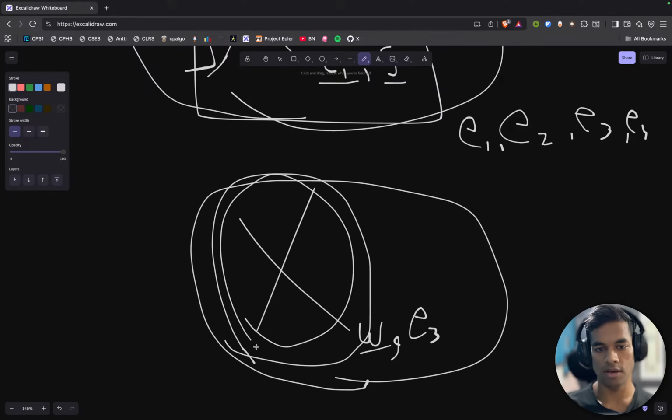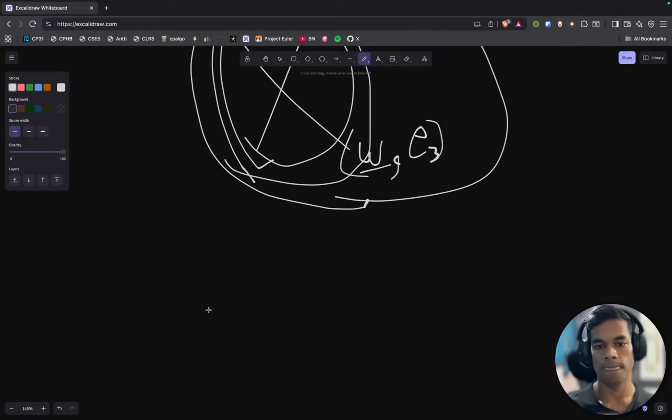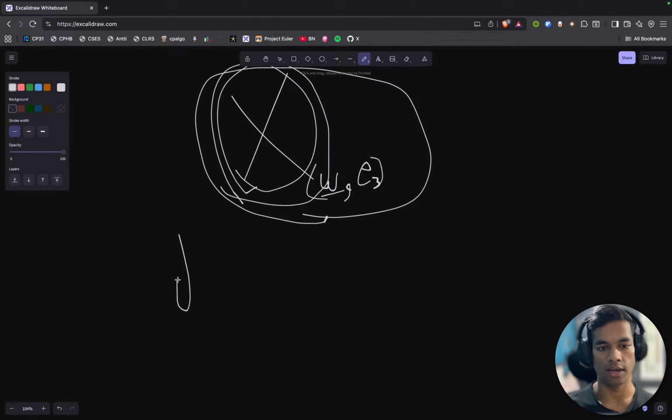And X here is a function which takes in two things. I should write it as F(W, E), where E is a subset and W is an integral weight.